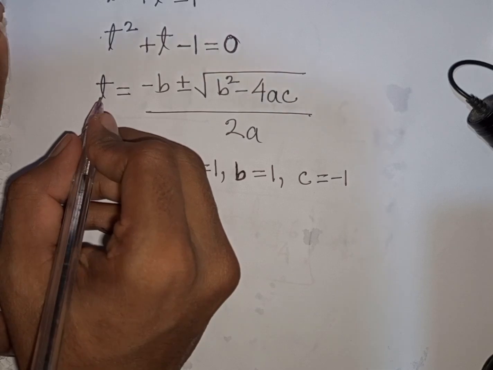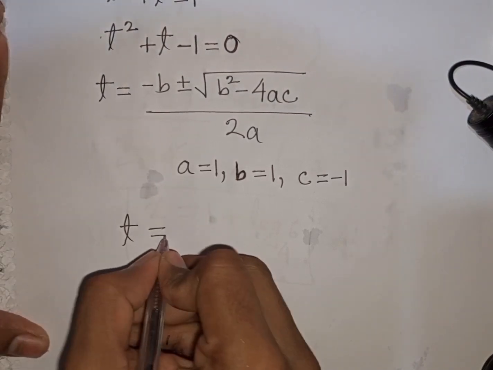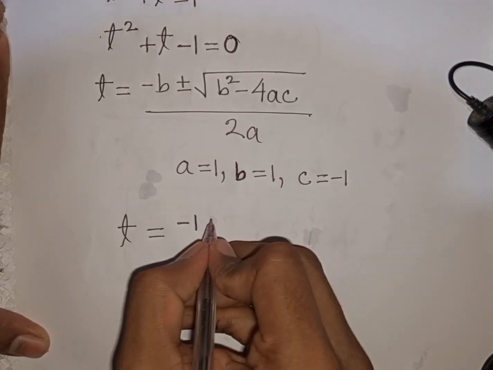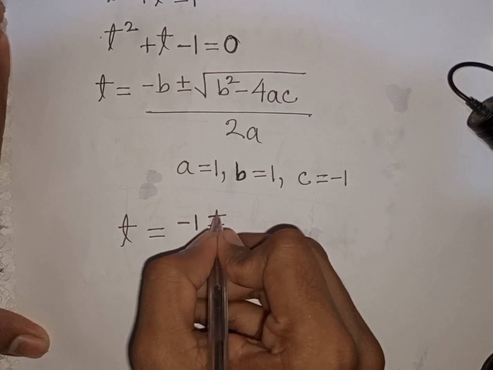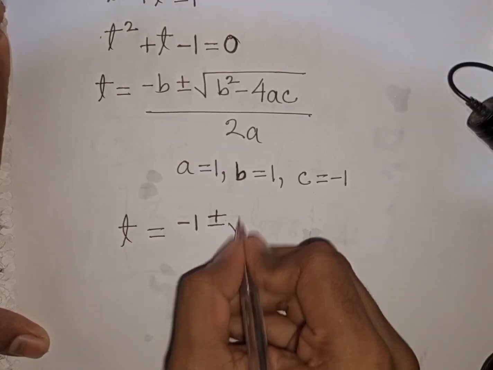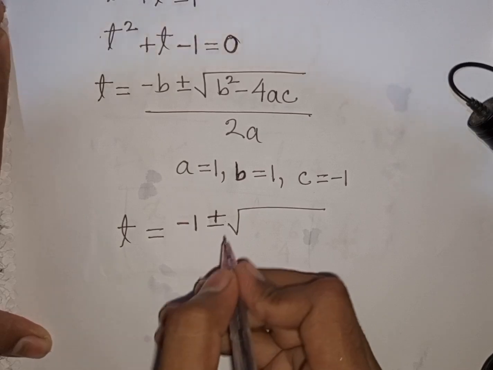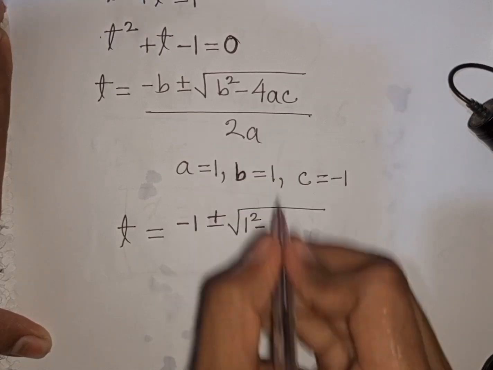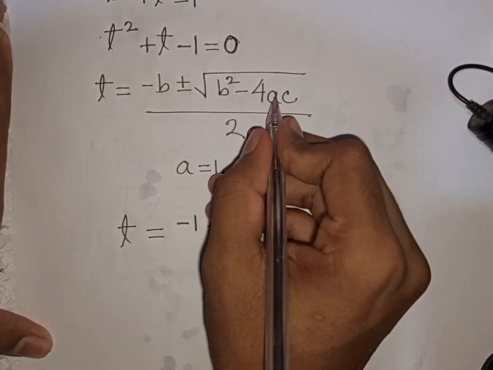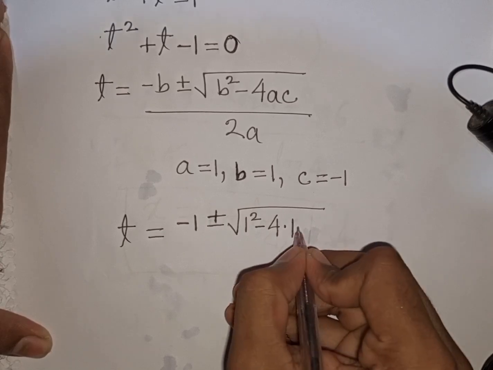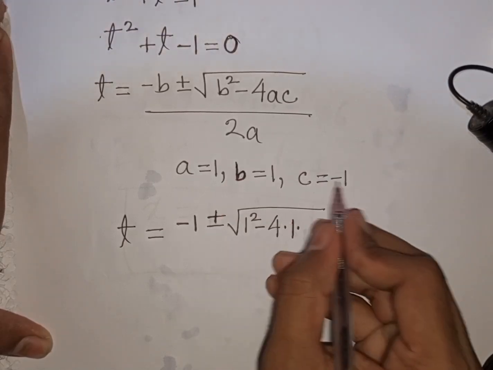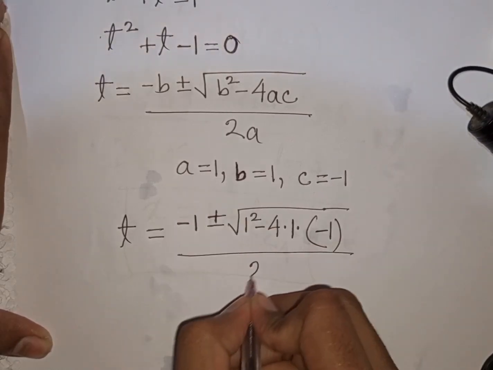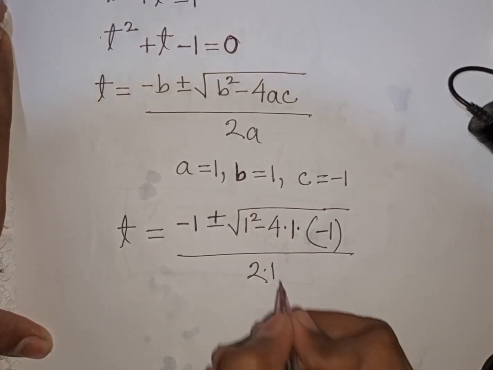Now, t will be equal to minus b, that means minus 1, plus or minus the square root of b^2, that means 1^2, minus 4 times a, that means 1, times c, that means negative 1, divided by 2 times a, that means 1.